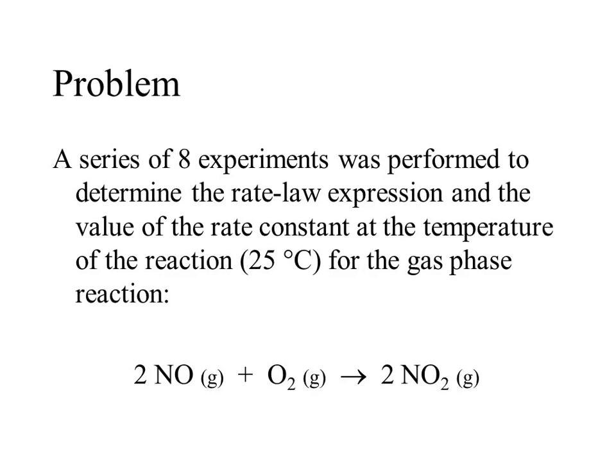But just for kicks, remember your generic rate law expression is equal to some rate law constant, which we're going to find out graphically here in a minute, times the molar concentration of NO raised to its reaction order, times the molar concentration of O2 raised to its reaction order. Okay, so that's your generic rate law expression. We need to find m and n and k actually.